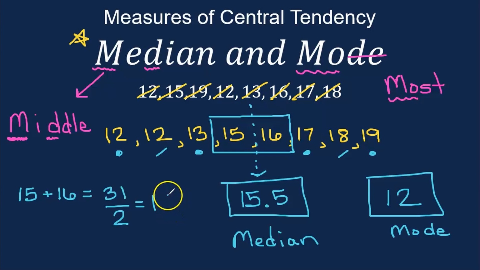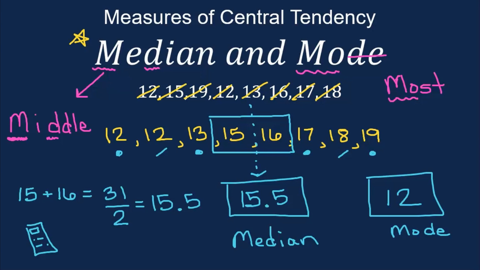And that ends up being 15.5. So this is something that can be done with long division, or it can be done with a calculator. Let's draw our little cheesy calculator here. So our median ends up being 15.5 and our mode is 12. These are very different from each other, so just take a mental note on that.